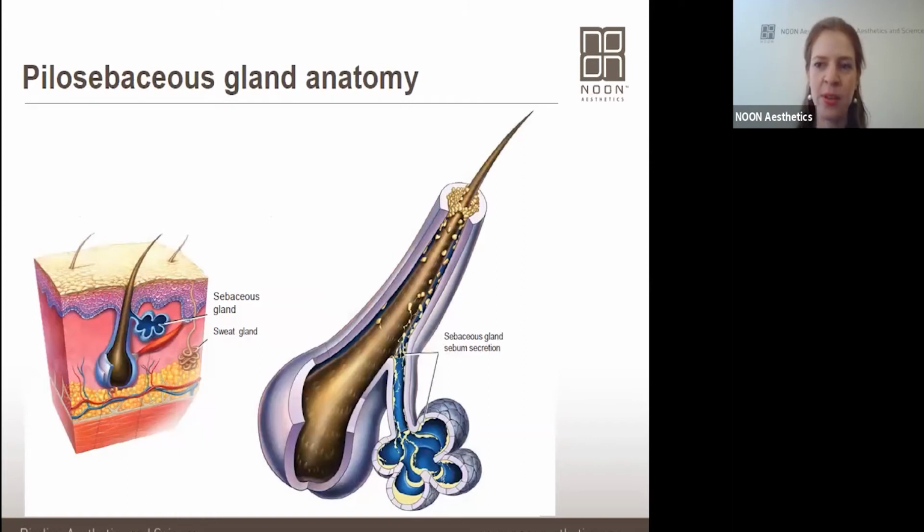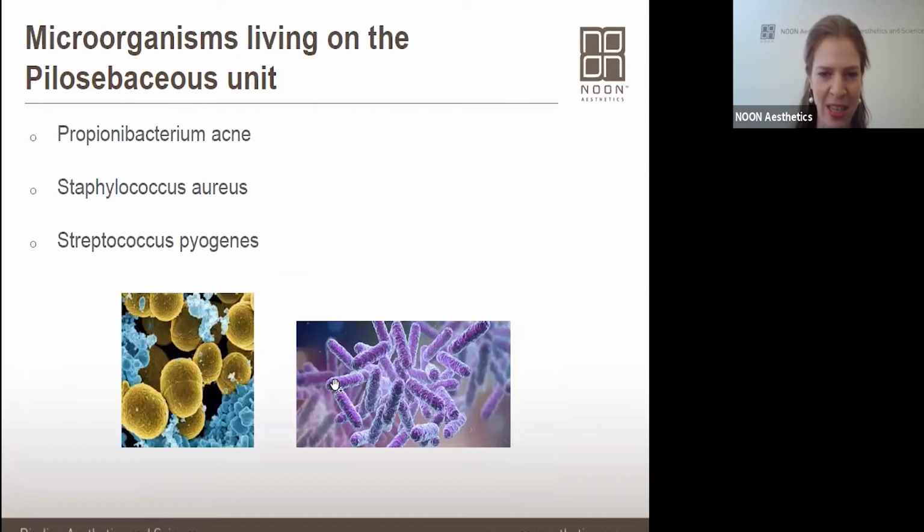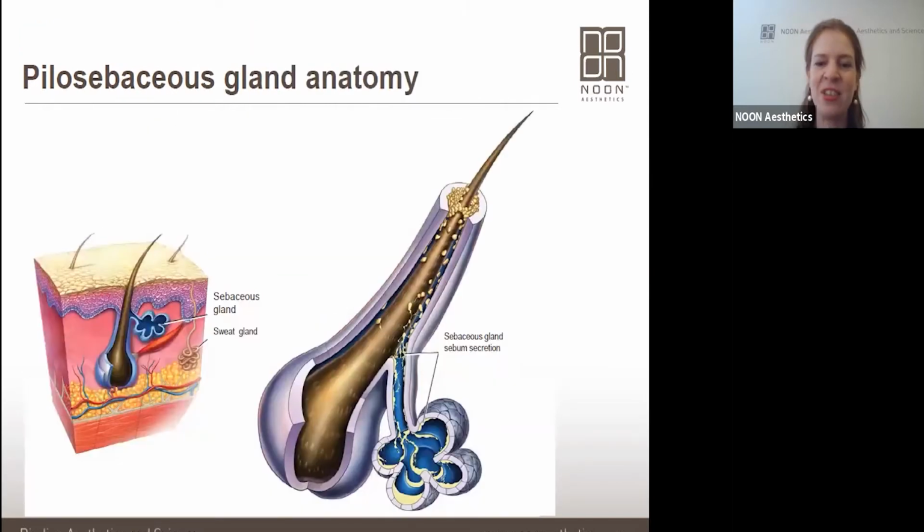I just want to refresh the polysebaceous gland anatomy. You can see from the left, this is a normal state. You can see here the sebaceous gland and the duct that connects it with the hair follicle. It's easier to see on the right, where the sebum is secreted from the gland, goes up through the duct, and out from the skin.